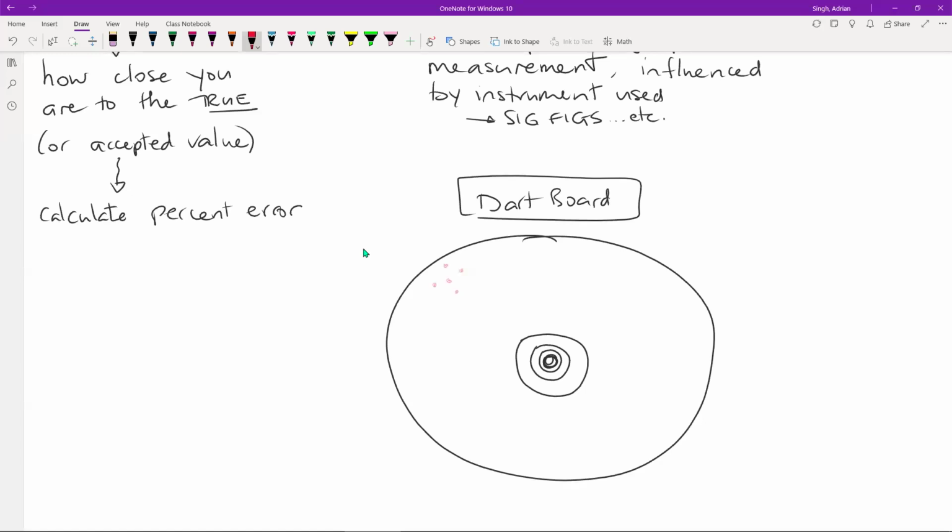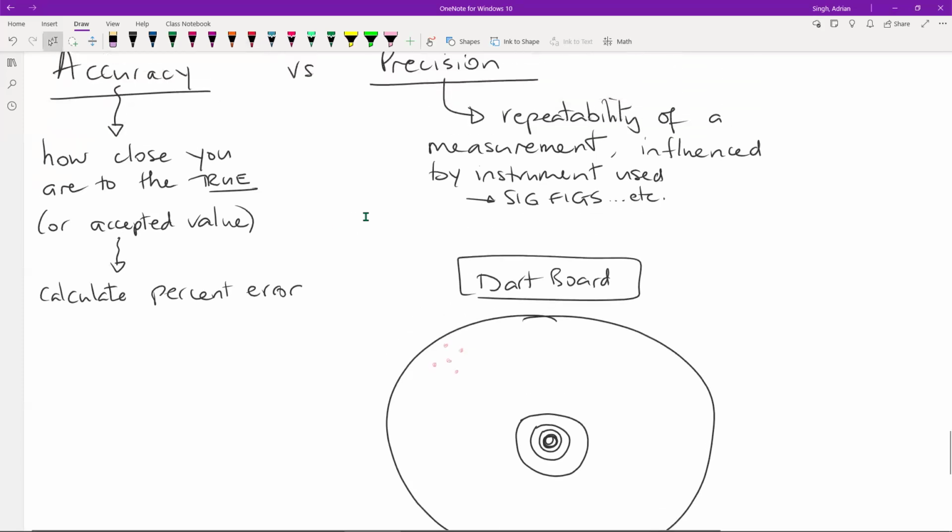Okay, so obviously, you are not throwing the darts close to the target. So you are not close to the true target or the true value. So that means it is not accurate. The true thing you want to get to is the middle, the bullseye.